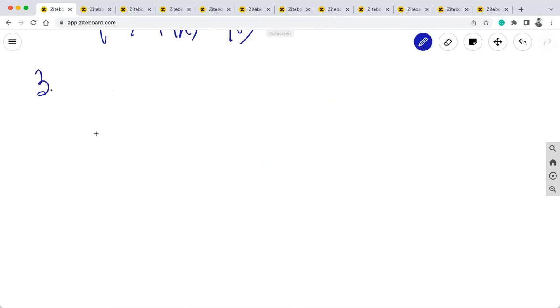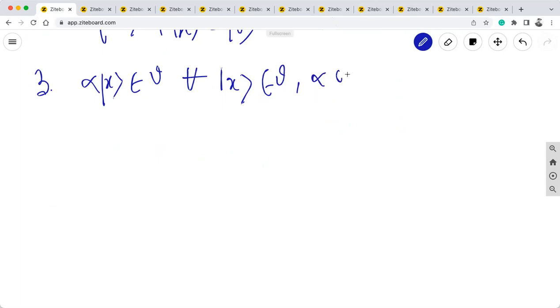Then the scalar multiplication: alpha times |x⟩ should be an element of the set V for all vectors |x⟩ that are elements of V, and all scalars belonging to the scalar field F, which may be complex or real, the set of real or complex numbers.